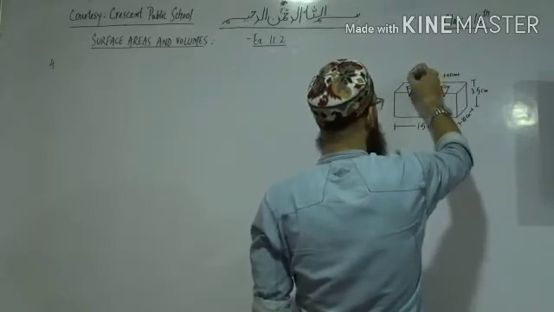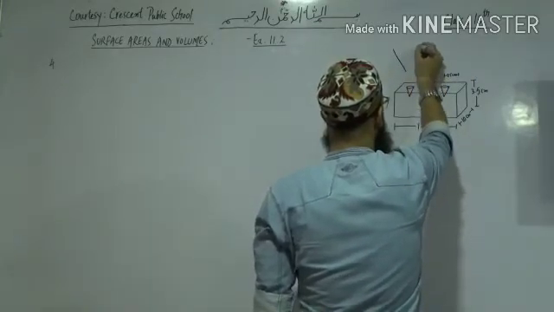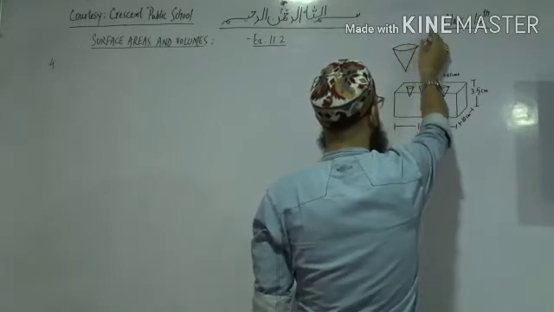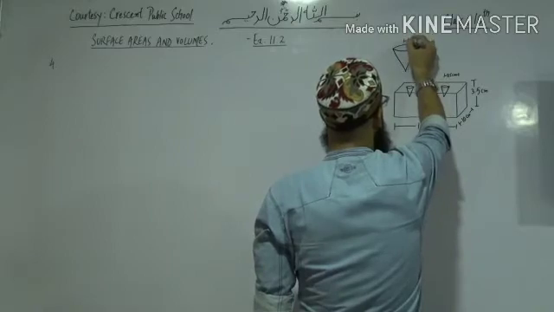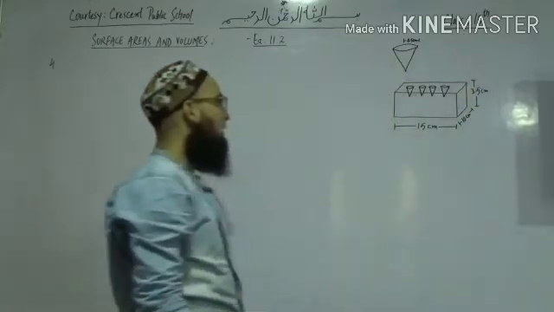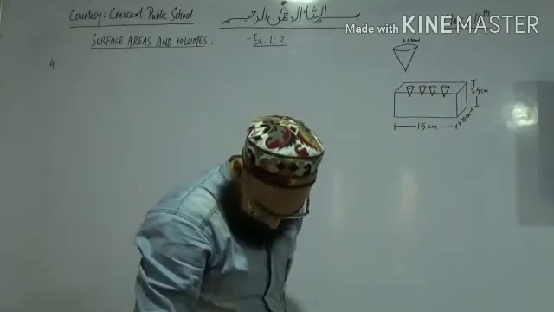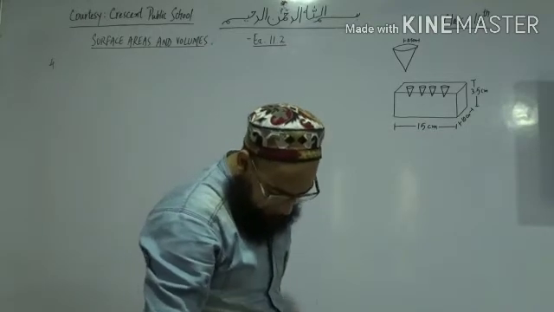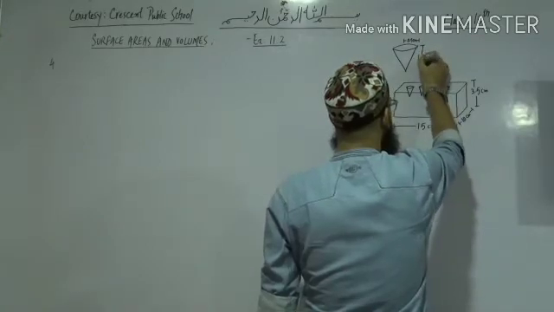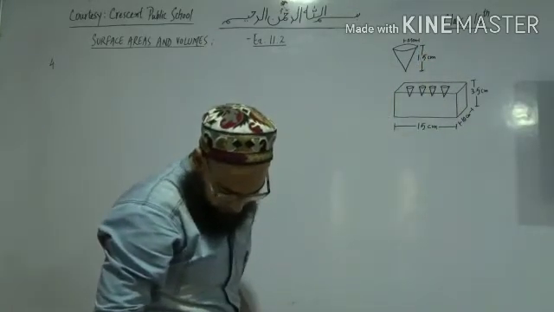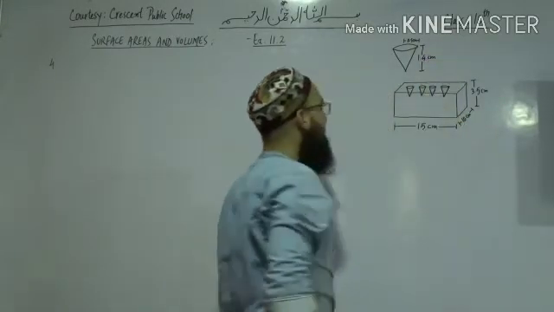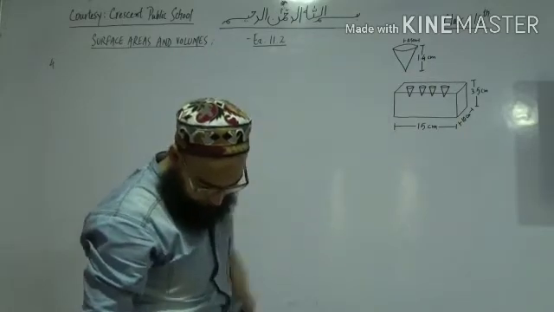If I zoom out, it's like this. The radius here is 0.5 centimeter, and the depth is 1.4 centimeter, the height of the cone.